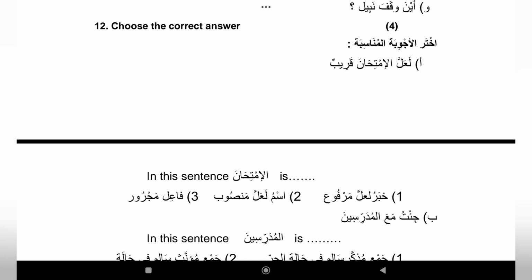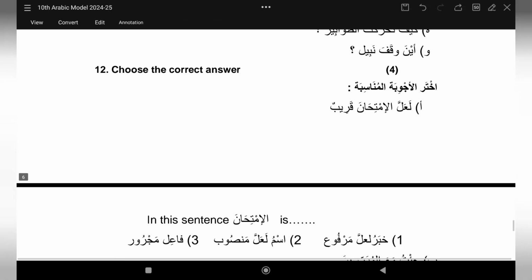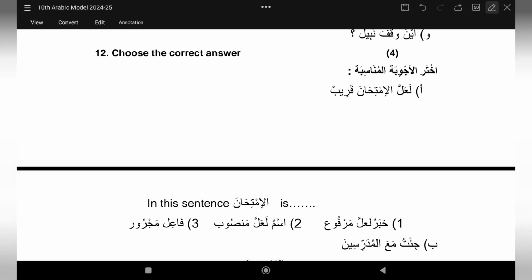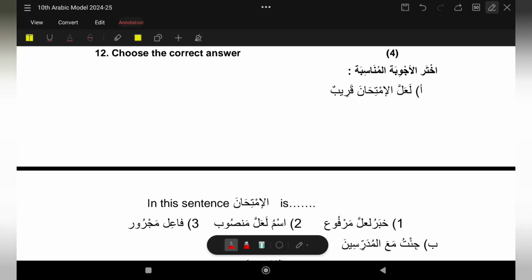So in this sentence, الامتحان is what? خبر لعل مرفوع, اسم لعل منصوب, فاعل مجرور. What is the answer? لعل is the sister of inna. Inna, كأن, لكن, ليت, لعل. These are the sisters, siblings.